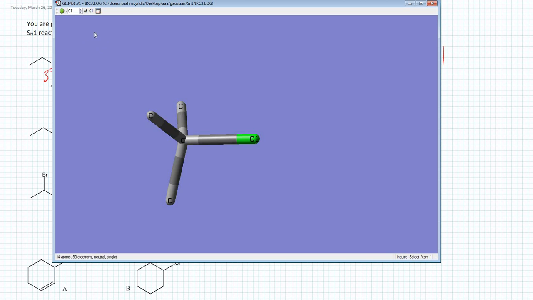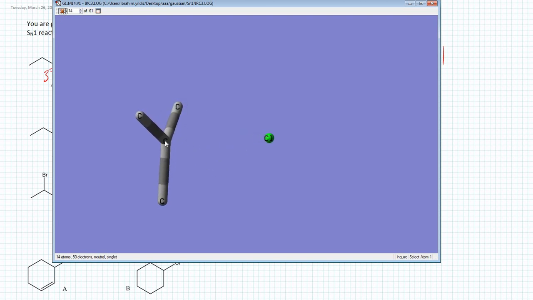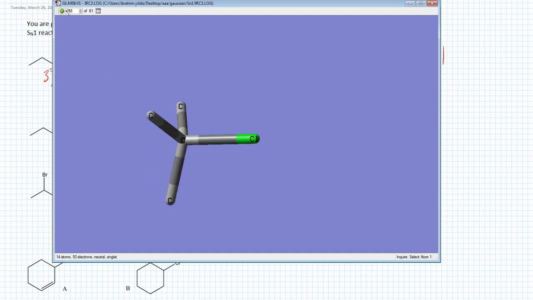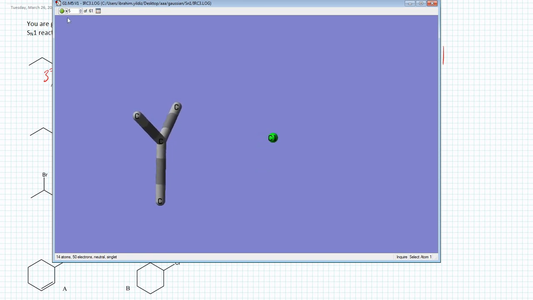Let's see how the carbocation formation occurs. So basically the leaving group is leaving. The leaving group left and we formed a planar carbocation.